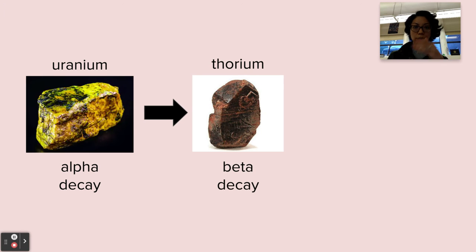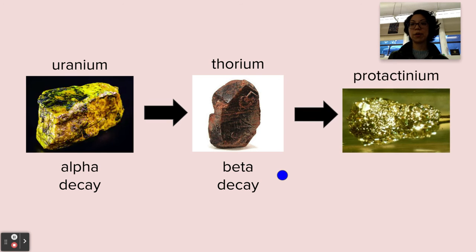Now the thorium atoms in this hunk of rock go through beta decay, which remember means they actually get a new proton. So, boop, it gets a proton. That changes what the element is in this rock. So now it's the element protactinium. And protactinium also goes through beta decay, and it gets a new proton, so it turns into a different element.